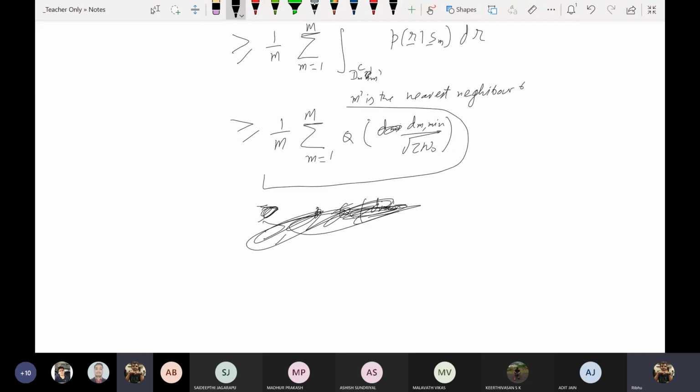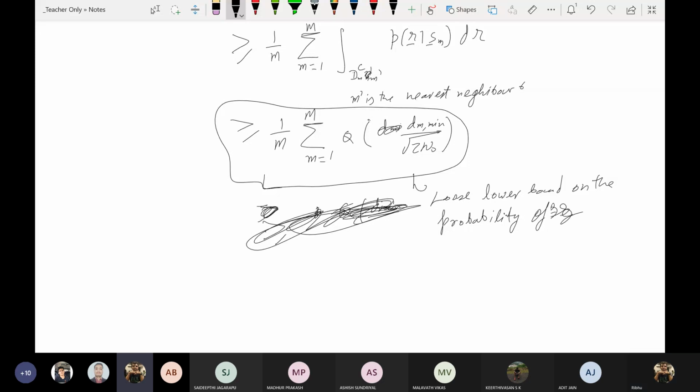So this reduces to this, and this is a loose lower bound on the probability of error.